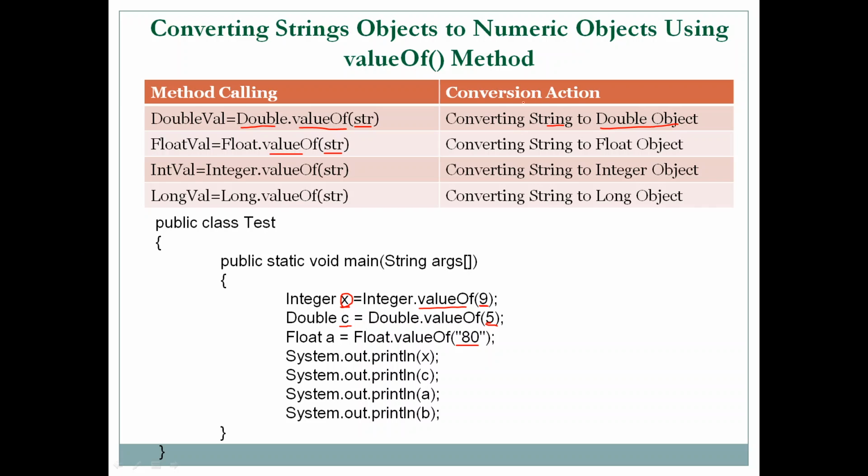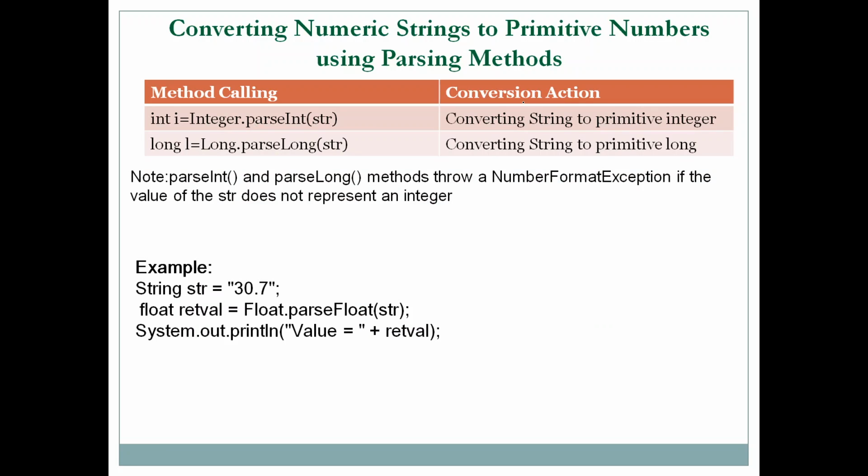Okay, now next is converting numeric strings to primitive numbers. In the last case, we converted strings to numeric objects, remember.